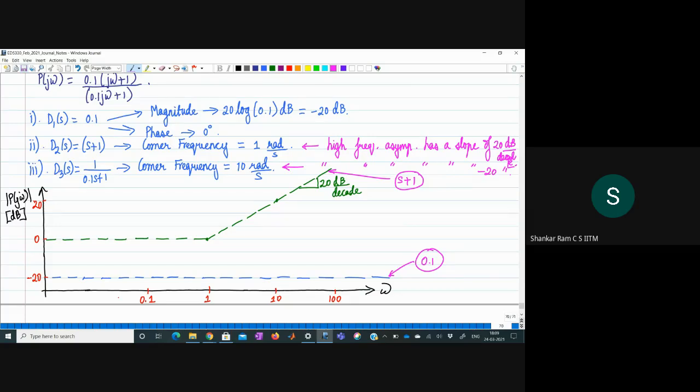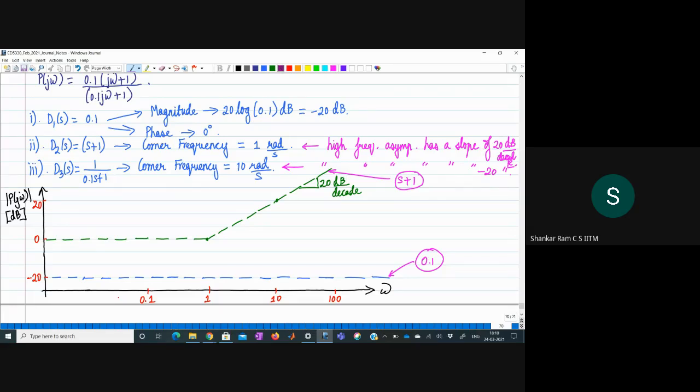These are facts that we are already aware of, and that's all we used. So we plotted 0 decibels till the corner frequency of 1, and then a high frequency asymptote with a slope of plus 20 decibels per decade, right? So this is s plus 1. Any questions? I hope this is clear.